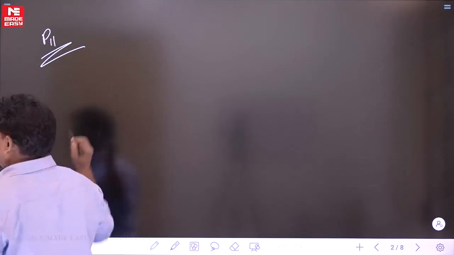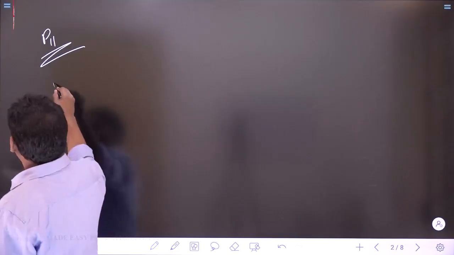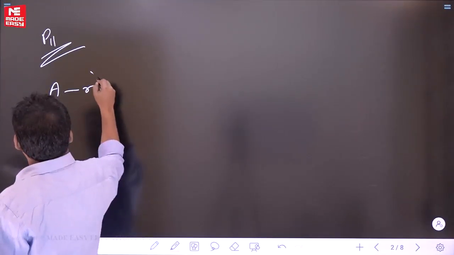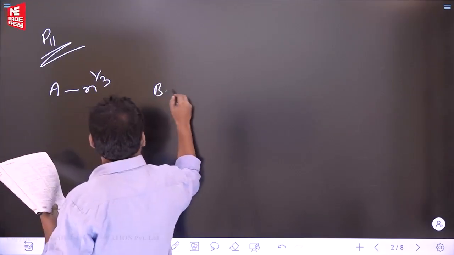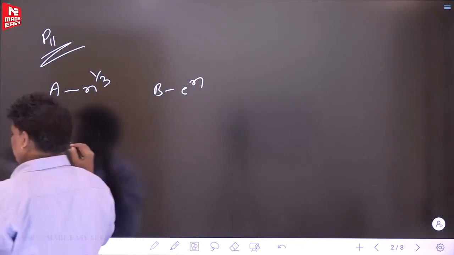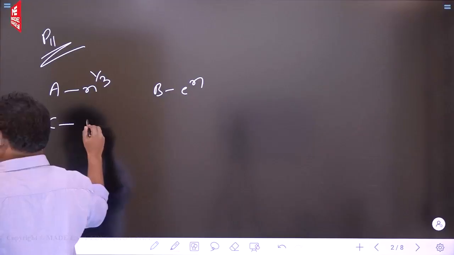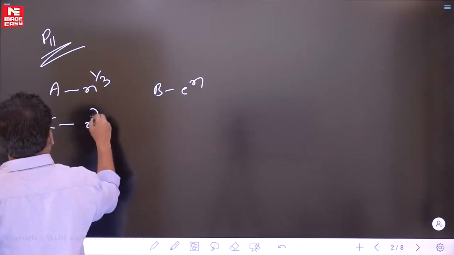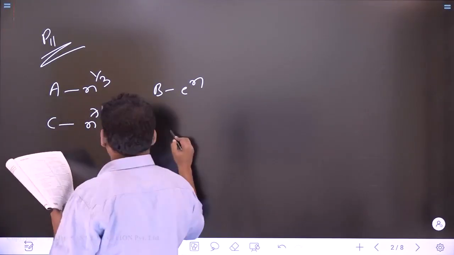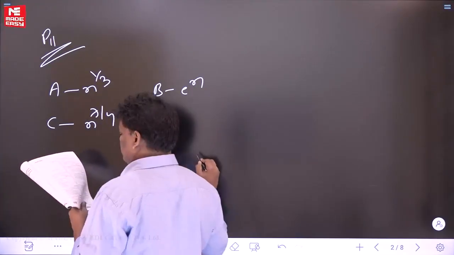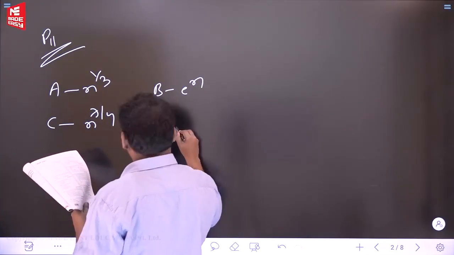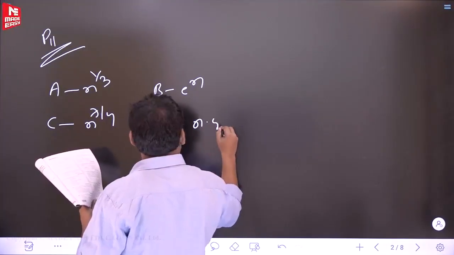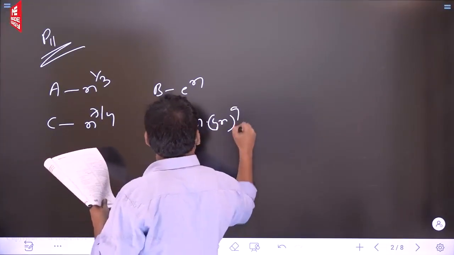Let's see this one, problem number 11. A, n power 1 by 3. B, e power n. C, n power 7 by 4. D, n log n whole power 9.